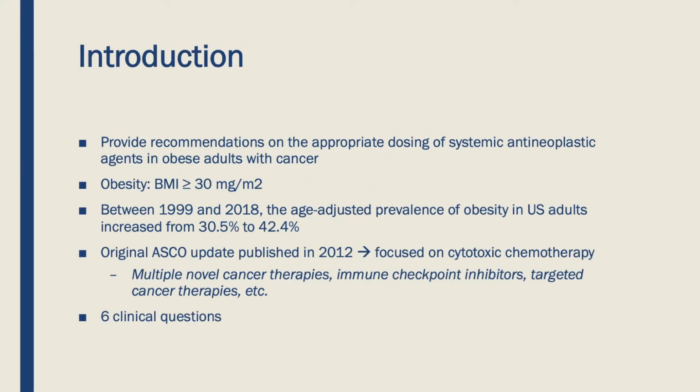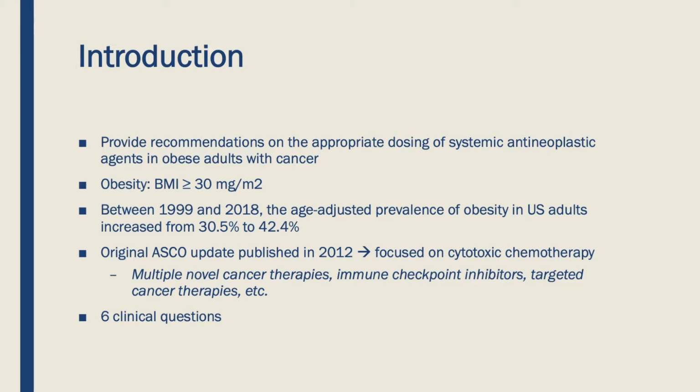Obesity is recognized as standard in other guidelines and literature as a body mass index, or BMI, of greater than or equal to 30 kilograms per meter squared. Between 1999 and 2018, the age-adjusted prevalence of obesity in the United States for adults has increased from 30.5% to 42.4%.